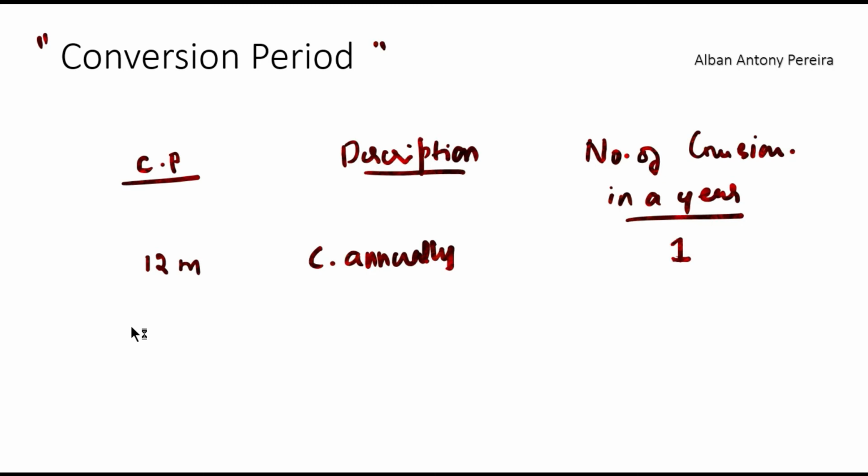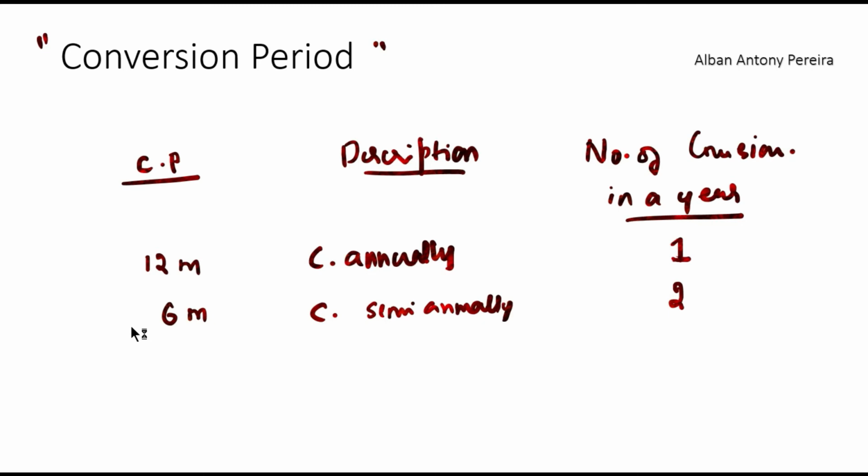Now compounded, second situation, compounded semi-annually. Semi-annually means 6 monthly. So there are 2 times, right? In a year you get 6 months. So number of conversions in a year is 2, and this is 6 months. So semi-annually means 6 months, annually means 12 months. Alright, so this is one time it comes in a year annually, and two times you get semi-annually in a year.